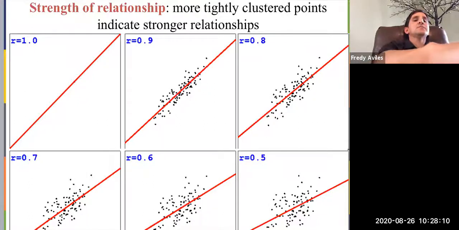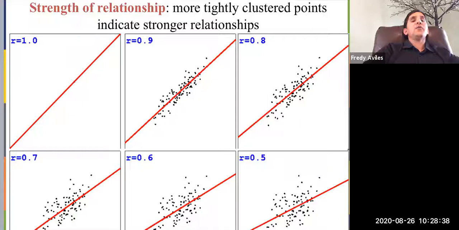Look at the first one on the upper left: a perfectly straight line at an angle. There are points along that line, but you can't even see them because they are perfectly along it. The relationship is 1, that means it's perfect. If I know one thing, I know exactly what the other thing is going to be.